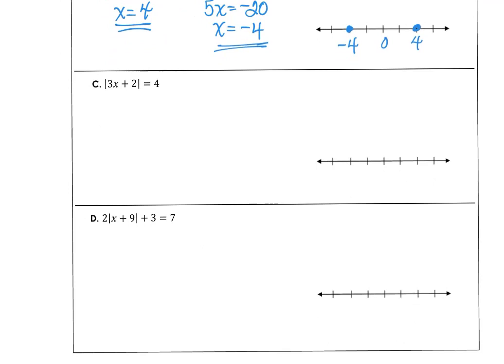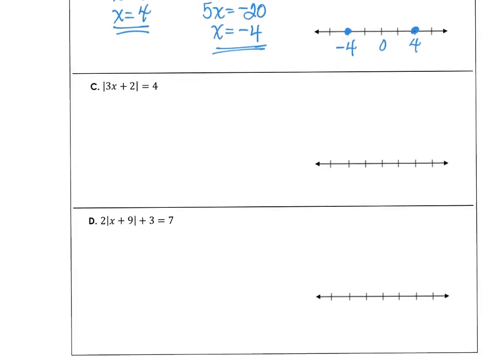In part C, the absolute value of 3x plus 2 is going to be either that number, 3x plus 2, or it's going to be the opposite of that number, 3x plus 2. And you can tell each time I'm dividing through by this negative, so 3x plus 2 equals negative 4.